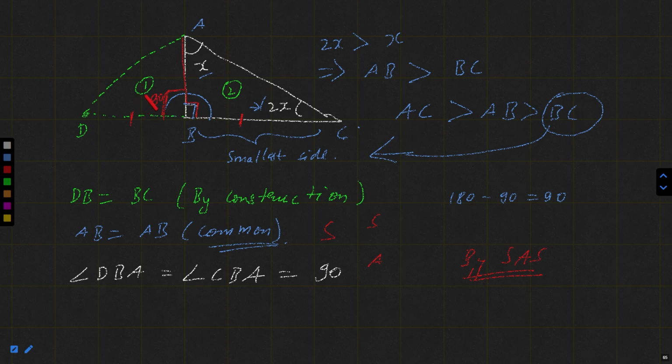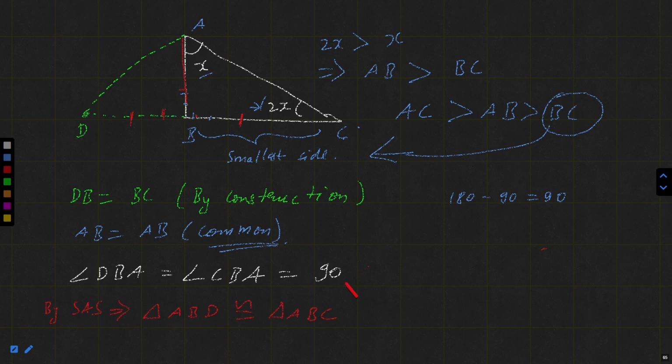Let me clearly mention things. First of all, triangle ABD is congruent to triangle ABC.